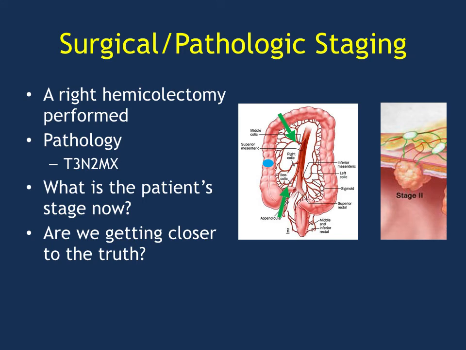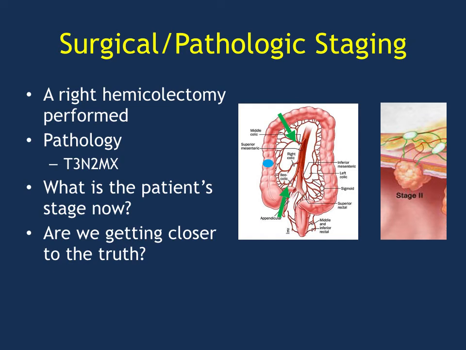After the operation, the patient ended up having a right hemicolectomy, and the specimen that was studied by the pathologist showed that he had a T3 lesion with multiple lymph nodes that were positive. Because of this additional information, we now have a more accurate sense of how far the cancer has spread.